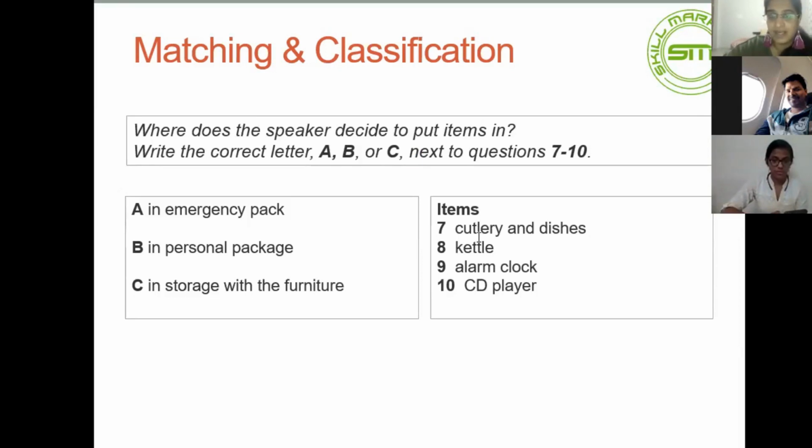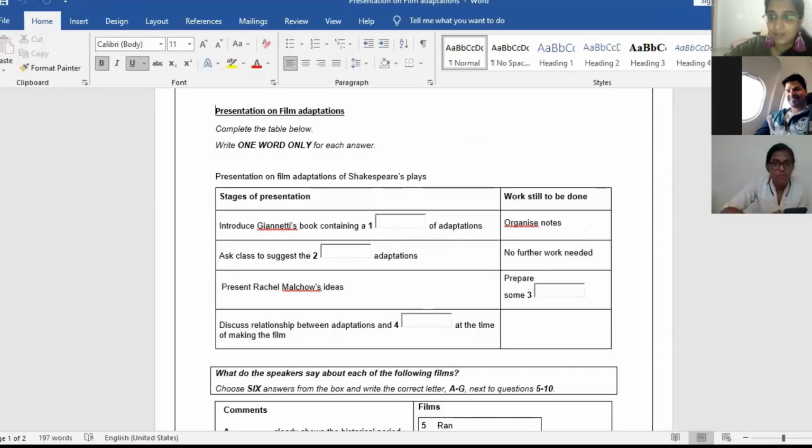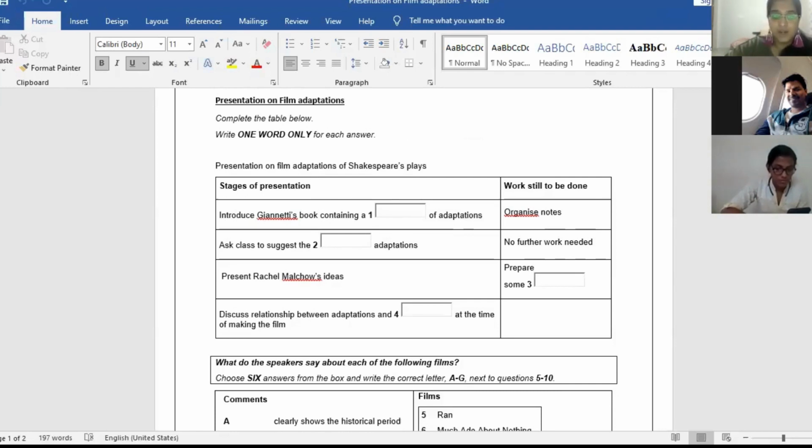Okay. Let's quickly go through the questions. Again, it's a combination of table completion and match the following. Here it says presentation on film adaptations. Complete the table below. Write one word only. No number also. All right. Presentation on film adaptations of Shakespeare's play.